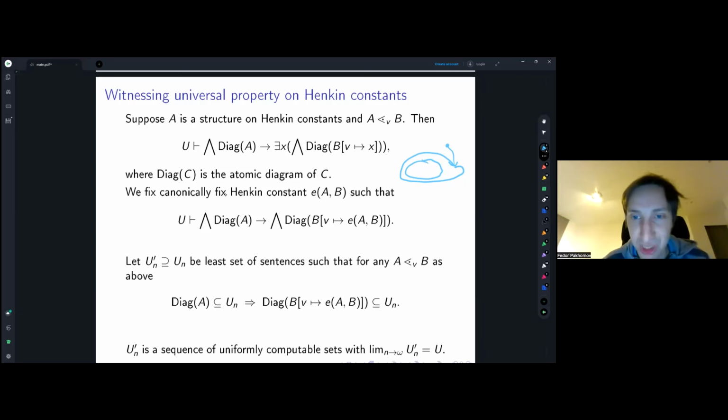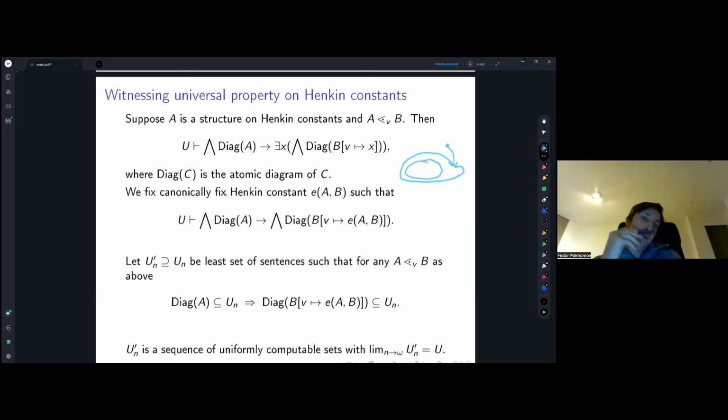I denote this canonically chosen Henkin constant as E of AB, and hence I simply have this quantifier-free sentence: if diagram of A, then diagram of B with V replaced by this canonically chosen Henkin constant E of AB. Regardless of what A and B are, this is a theorem of U. But of course, if A is not correct, then the premise of the implication is simply disprovable in U.